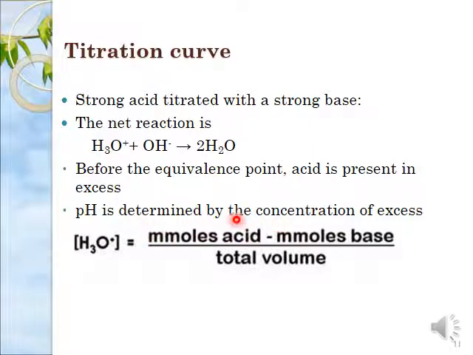The number of moles of acid will be in excess, so this number minus the added titrant, which is the number of moles of base, divided by the total volume. Total volume means the total volume after the addition of the titrant.